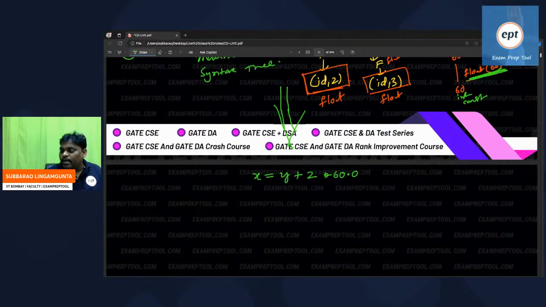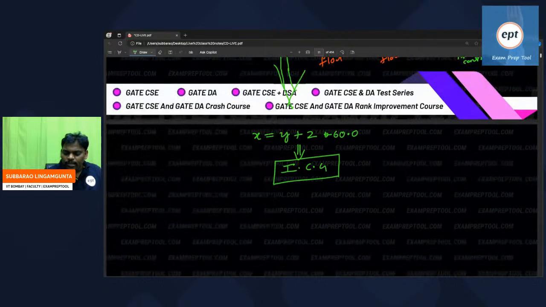Now we have to do the conversion, because the purpose of compilation is high level to low level. From now onwards, conversion will happen: the intermediate code generator.